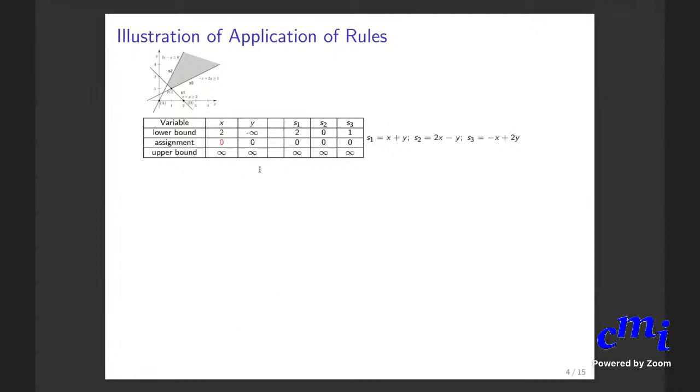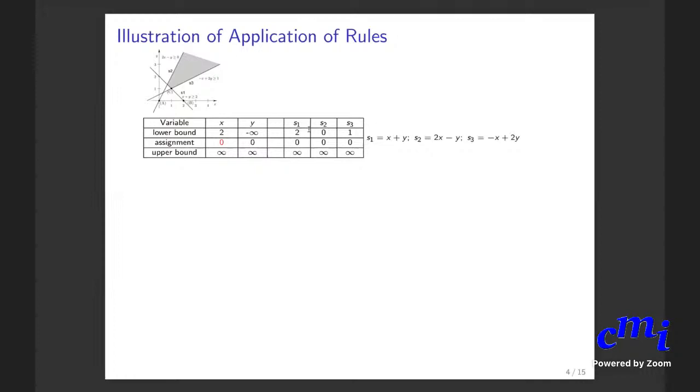So this table here first shows, in the columns, the list of all variables. First, the non-basic variables, which to begin with will be exactly the primary variables, x and y in this case. And after this double bar here in the table, S1, S2, and S3 are the basic variables, which at the start of the simplex procedure will be the slack variables.